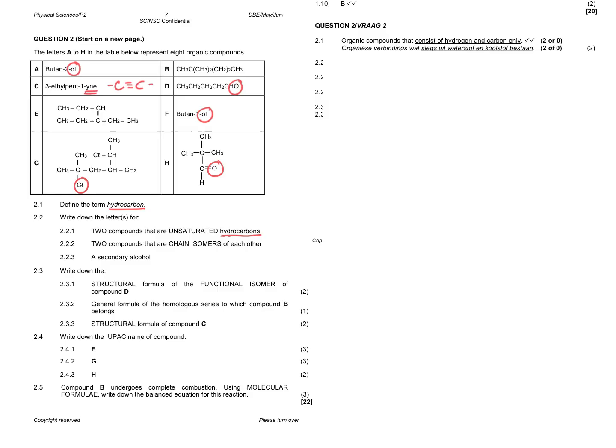And in E, there's this thing, which is a double bond. So for 2.2.1, it should be C and E, and you get 1 mark for both of them.